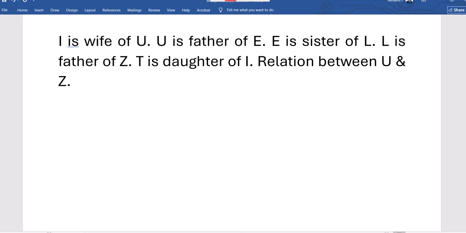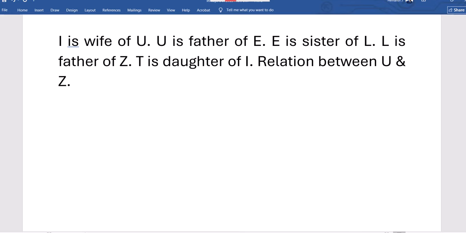I is wife of U, is father of E, is sister of L, is father of Z, T is daughter of I. So E is also a daughter, T also a daughter. Fine. What is the relation between U and Z?